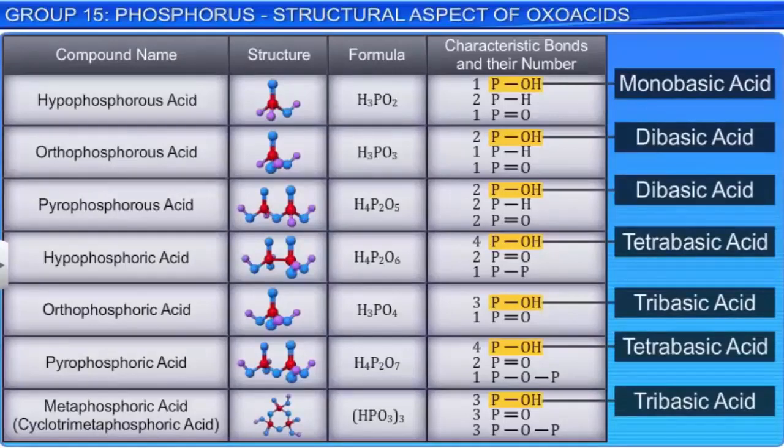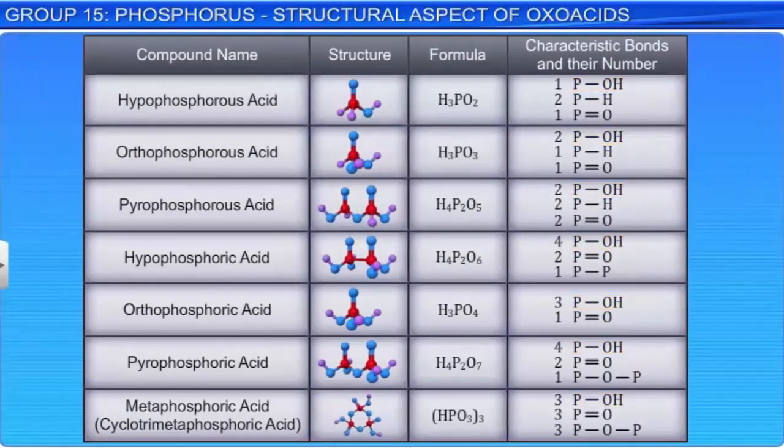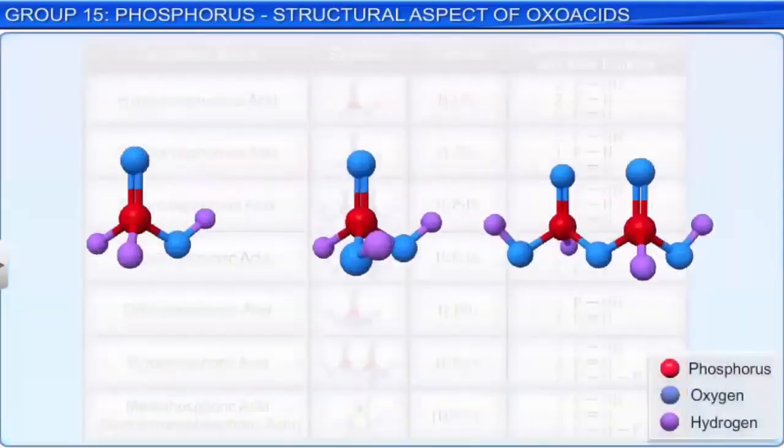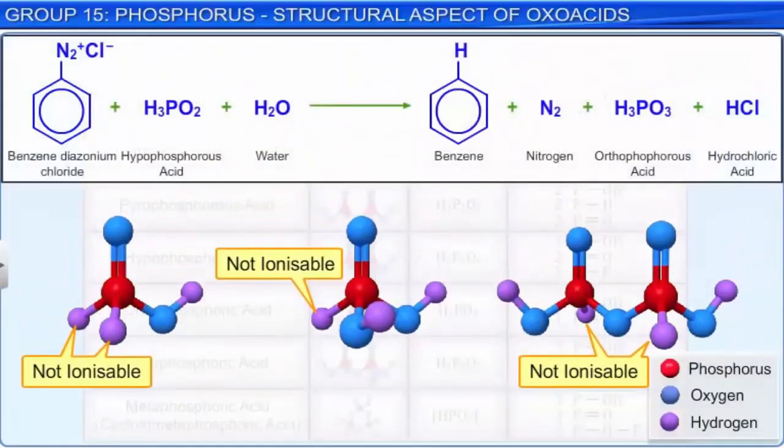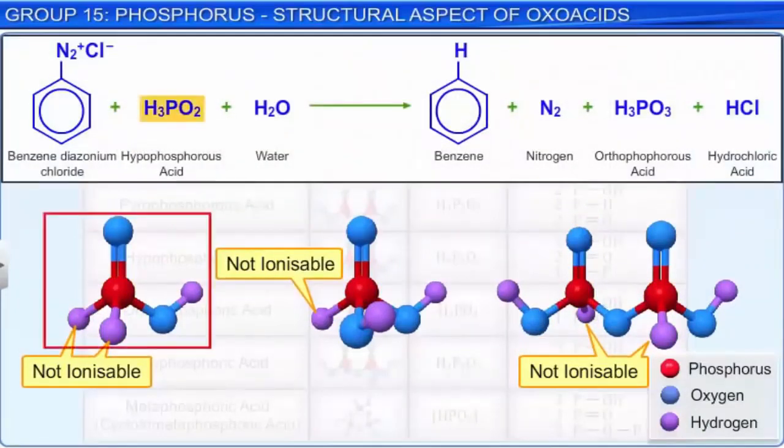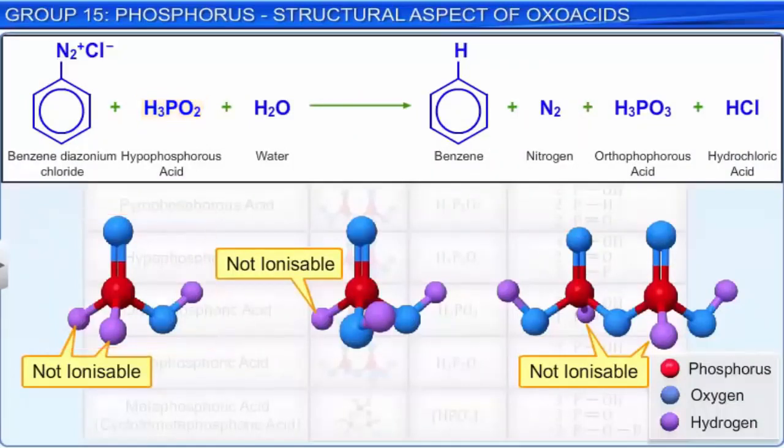On the other hand, the P-H bond is not ionizable. The P-H bonds found in the oxo acids of the phosphorus acid series have reducing properties. In other words, the hydrogen atoms attached directly to the phosphorus atom are not ionizable and confer reducing properties to the compound.